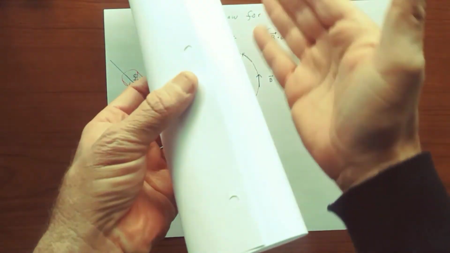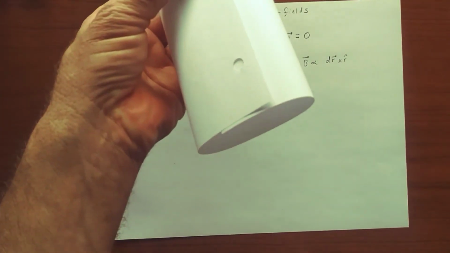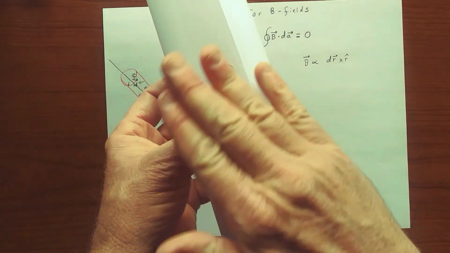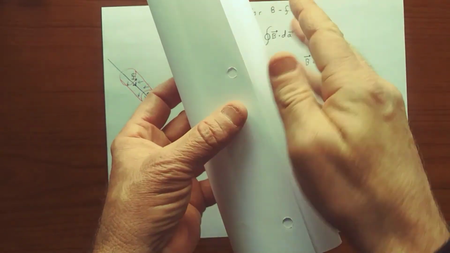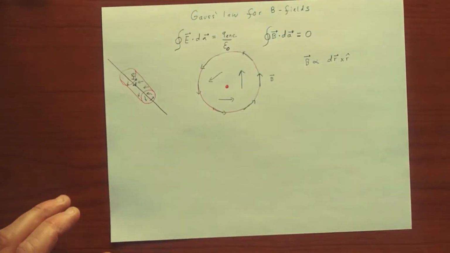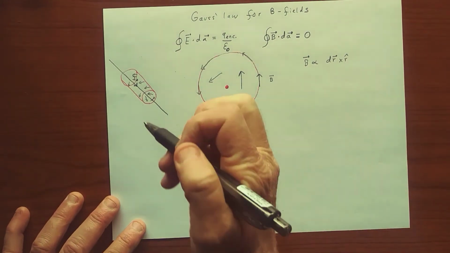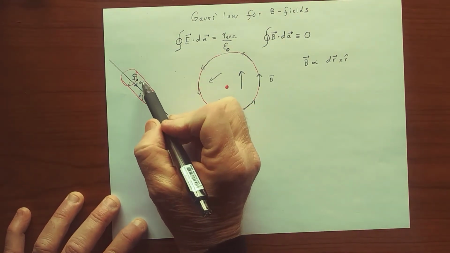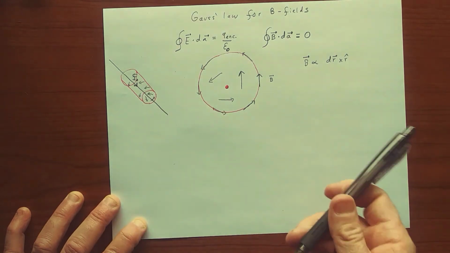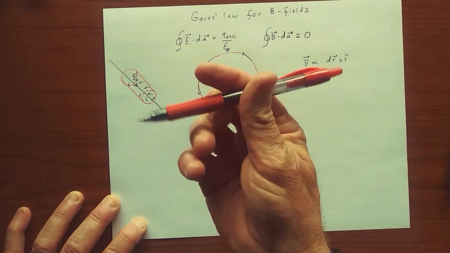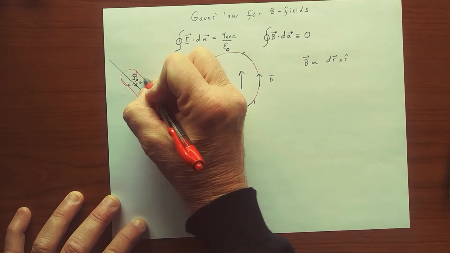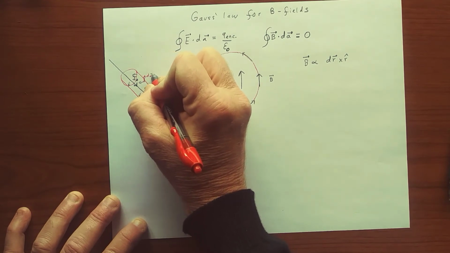So when we integrate over this part, the current-carrying wire goes straight through the middle here. The field is lying on the surface of this part, and so there's no contribution to the flux. None of the field lines go through that surface. So if we draw the dA, the dA here is normal to the surface.